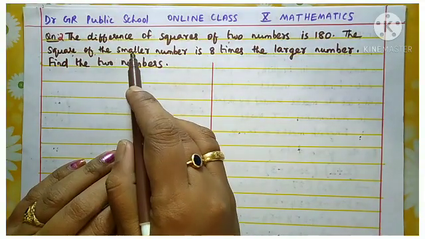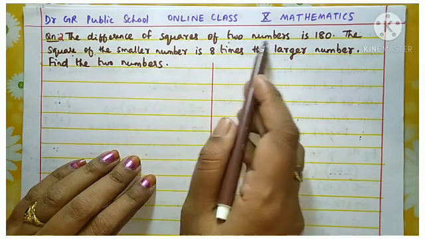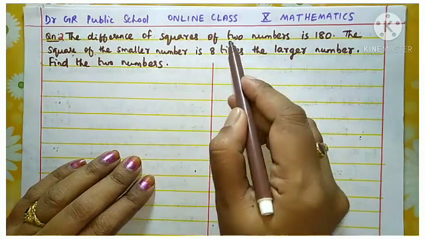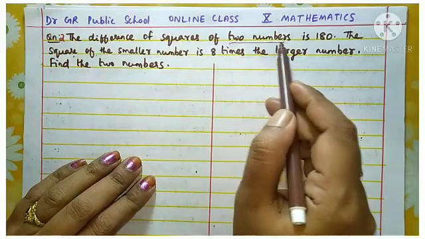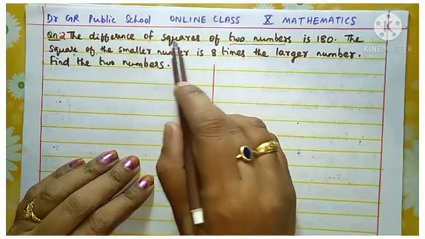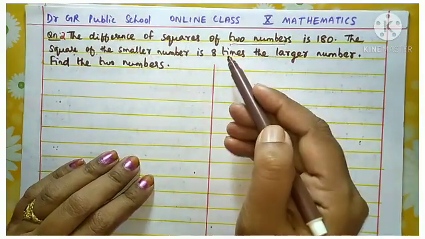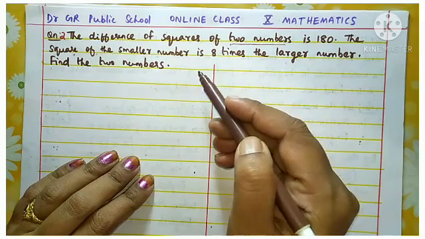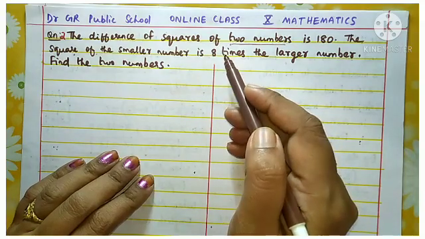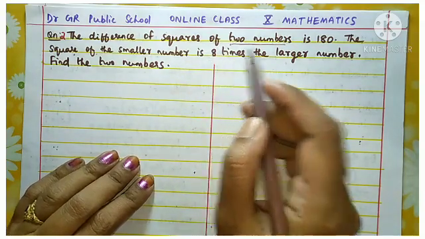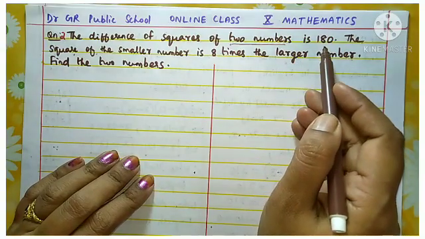The difference of squares of two numbers. Okay, two numbers. When you find the squares of the two numbers, their difference is 180.